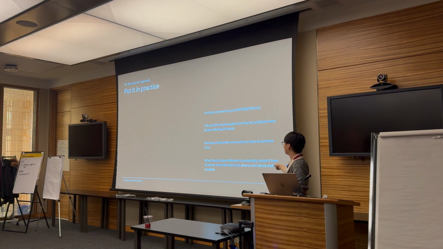And when there's a clear difference in personality, we usually have to make a difficult decision. Does this mean that we should have this inconsistency in our product, or is it time to actually fork this open source project? Because the beauty in open source is that if you don't like how my open source project works, and we have different ideologies, you just fork it. Right? A good example is MySQL and MariaDB.